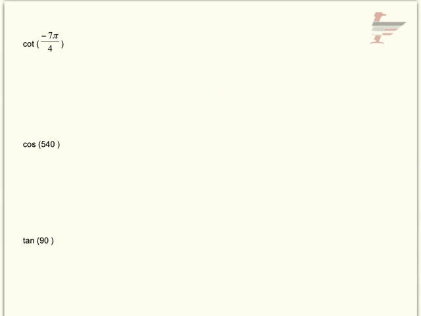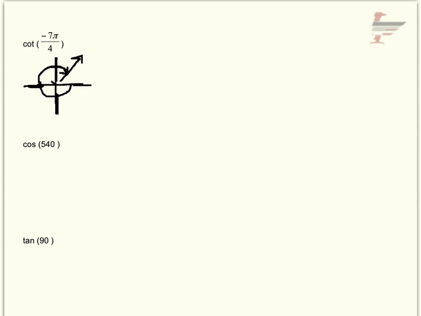Alright, a few more, and if you feel like you got this, maybe you don't need to follow along with these last 3 here. Cotangent of negative 7/4 pi. So again, I'll visualize where this is, and it's negative, so I'm going clockwise now. So 1/4, 2/4, 3/4, 4/4, 5/4, 6/4, 7/4 is where I end there. And again, you don't really need all these lines in there. They just get in the way.